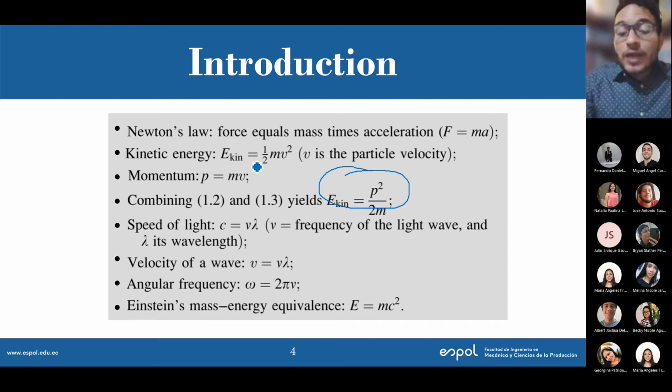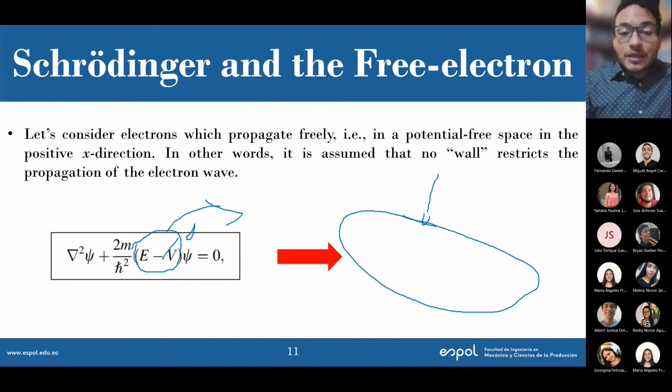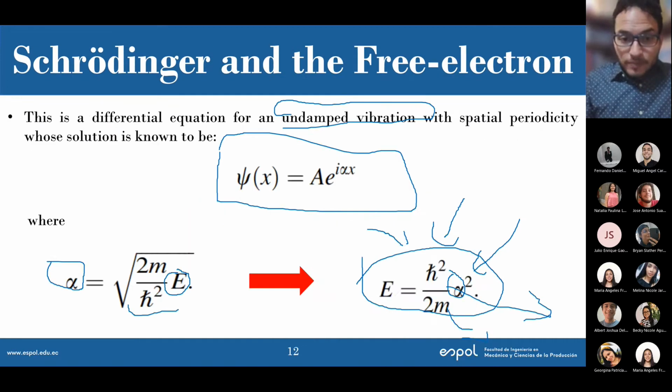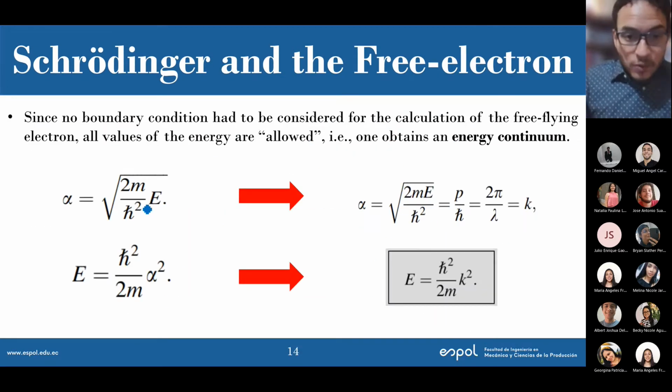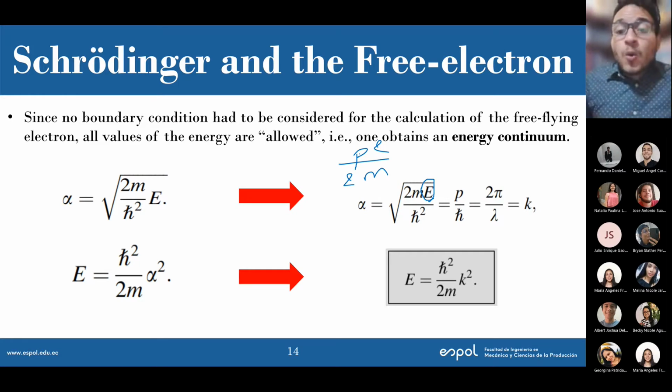Remember that in this case, the total energy is just the kinetic energy because there is no potential energy. So it's just the momentum squared divided by 2 times the mass. If we replace E by that momentum squared divided by 2 times the mass, what's going to happen?